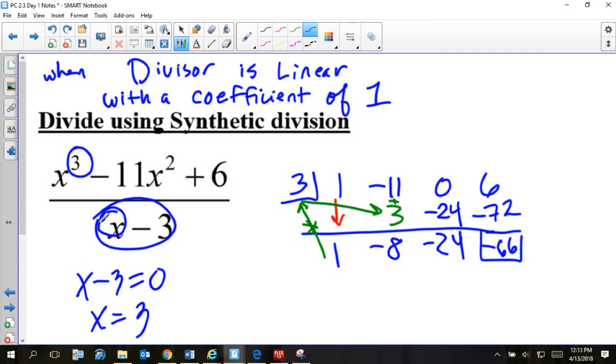Goes down a power. So this first term is 1x squared. Then we have minus 8x to the first. So then I get negative 24. There's no x's with that. So what is that thing that I boxed up? That's the remainder. So we put our remainder over the divisor, and we'll add that on. Since it's subtraction, I'll put minus 66 over x minus 3.